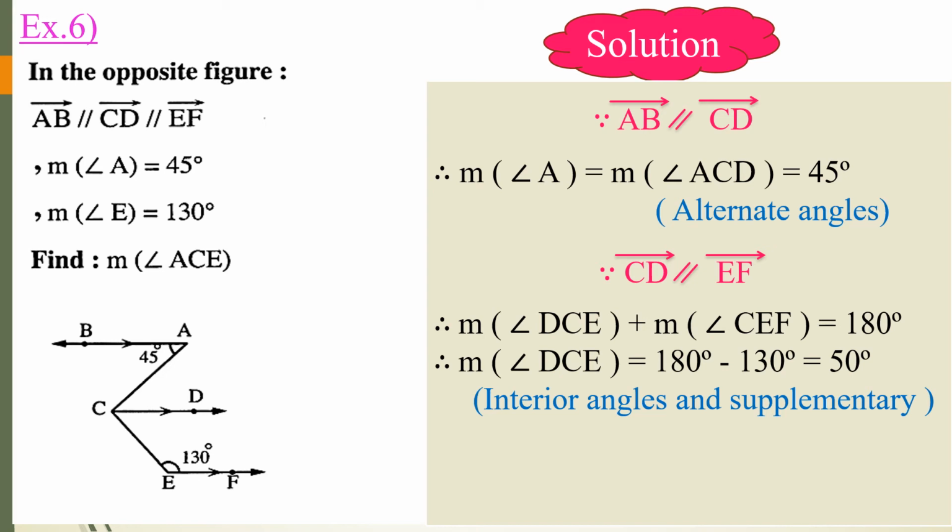But here I want the angle ACE, the whole angle. So angle ACE equals angle ACD plus angle DCE. So the measure of angle ACE equals 45 degrees plus 50 degrees, which equals 95 degrees.